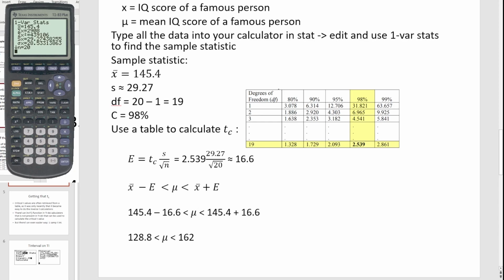But here is an example. This is in Appendix A2 at the end of the textbook. Since we wanted to find a 98% confidence interval, we look in the 98% column, and we look in the 19 row because we're looking at 19 degrees of freedom. And we get that t sub c here should be 2.539.